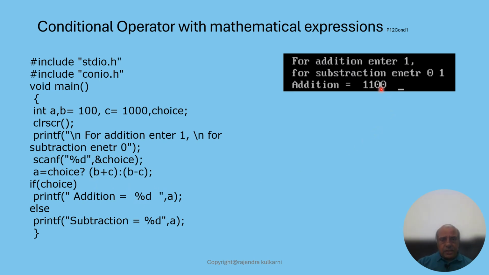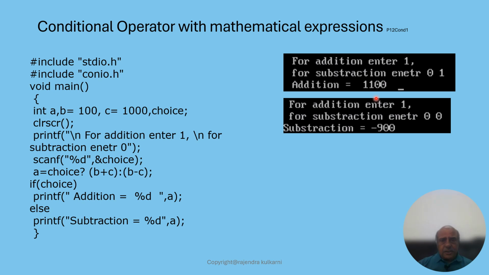The result of the expression B plus C is assigned to A, and the value of A is being displayed. B plus C is equal to 1100.